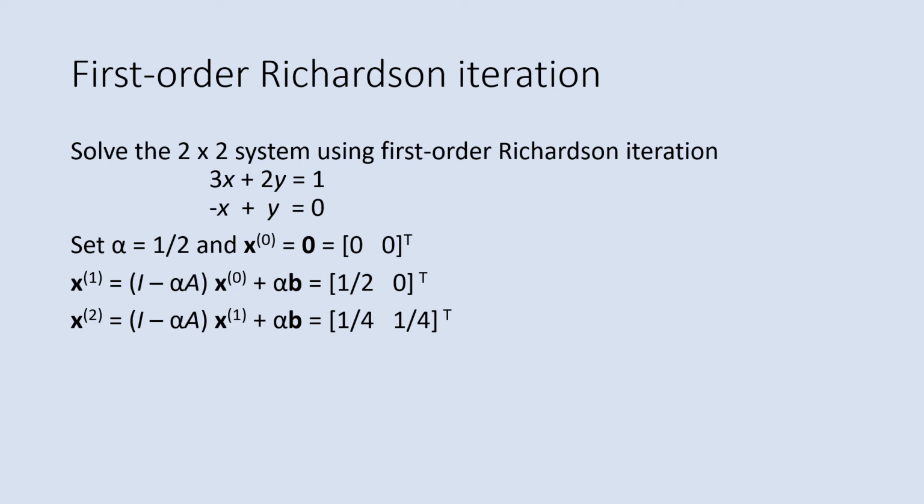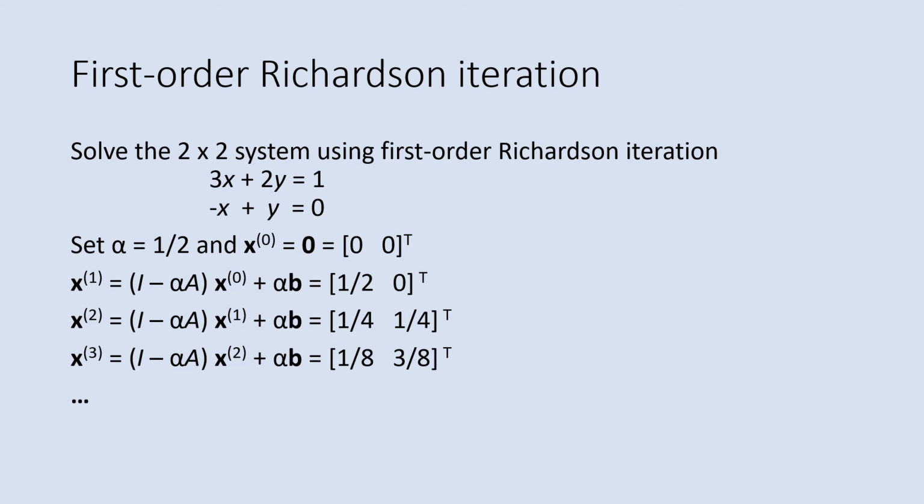We feed that in to get x2. x2 is 1/4, 1/4. Feed in x2 to get x3, and then we just keep doing that until we satisfy whichever stopping condition we have determined.